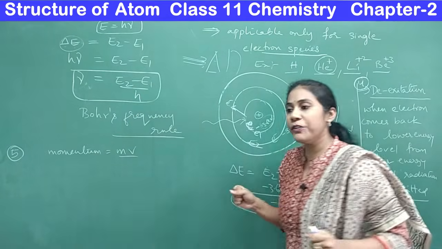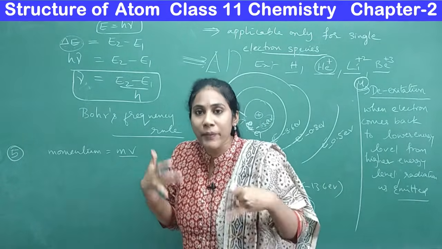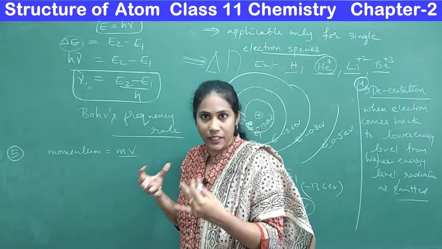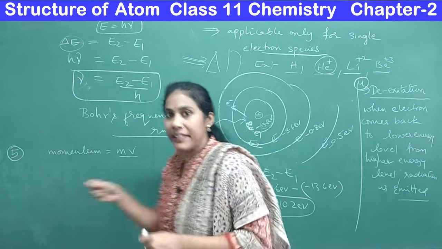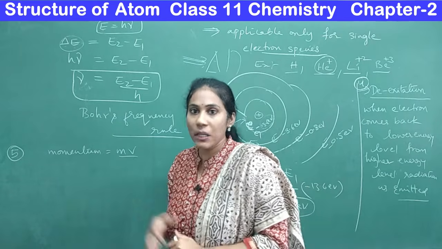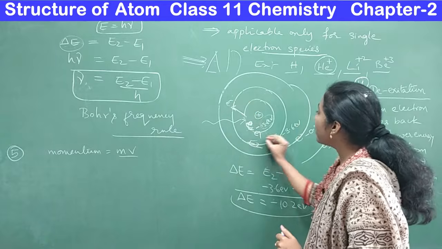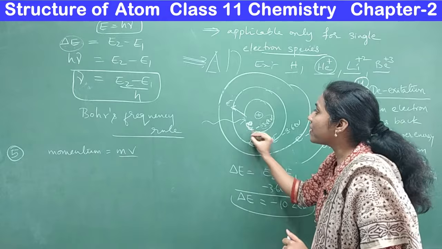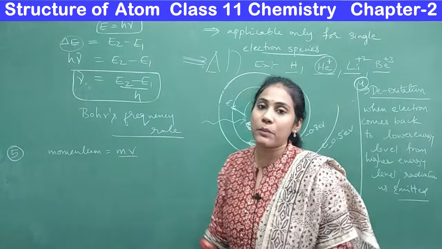When I continuously run or walk here, I can say there is momentum in me. With a certain mass, I am running or walking at a certain speed. This is what we call momentum. But when an object is moving circularly, say this electron is moving in a circular fashion, then such a momentum of an object is called angular momentum.